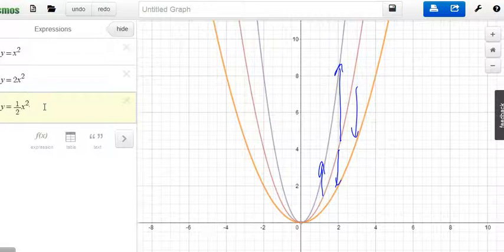The thing with the quadratic is, a stretch can be interpreted as either a vertical or a horizontal stretch. That won't be true with anything else. Quadratics happen to be very nicely symmetrical about the line of symmetry, which runs through the vertex. So we're going to de-emphasize expansion or compression.